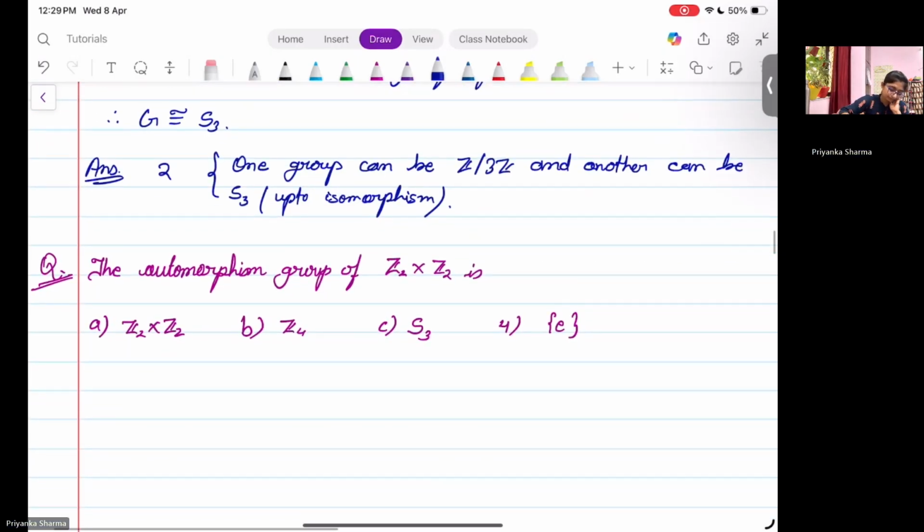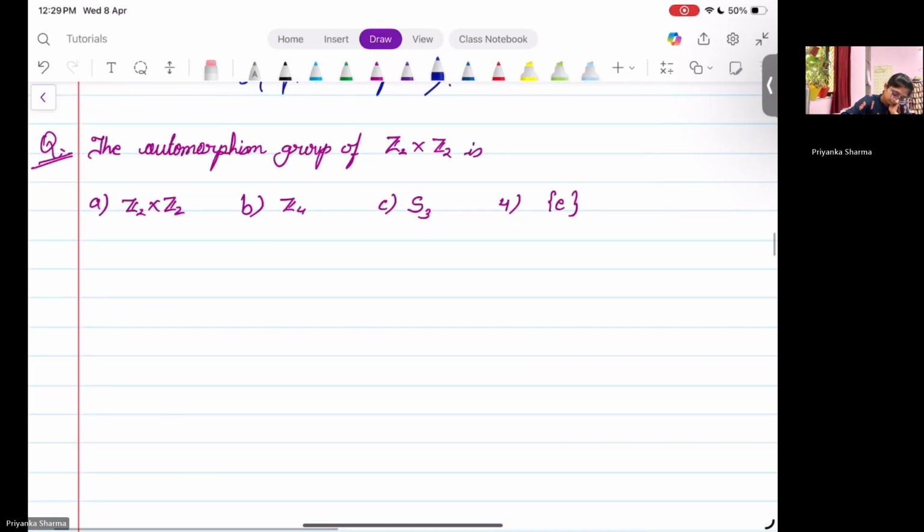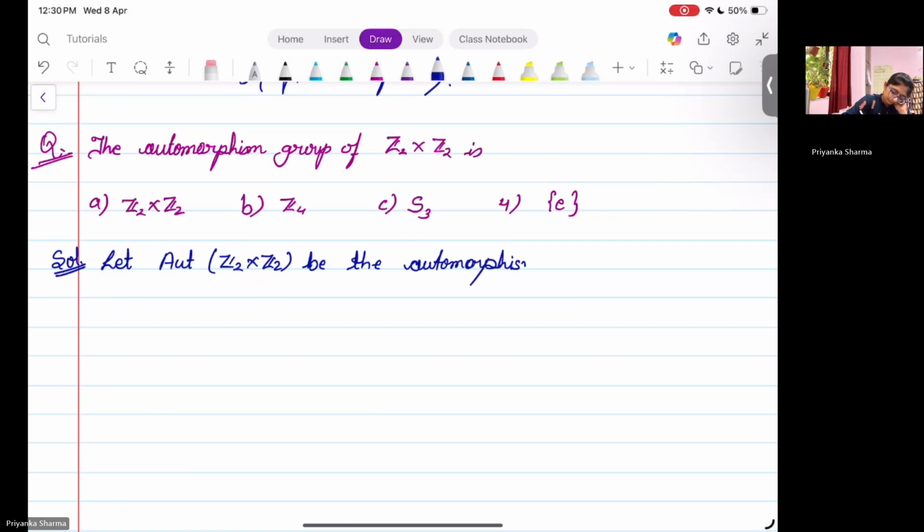So this is the notation. The automorphism group of Z2 cross Z2.